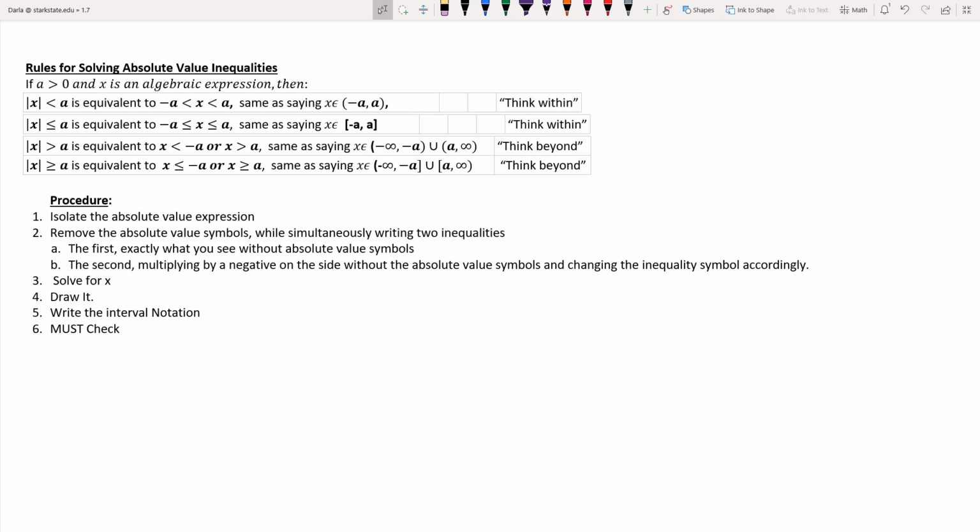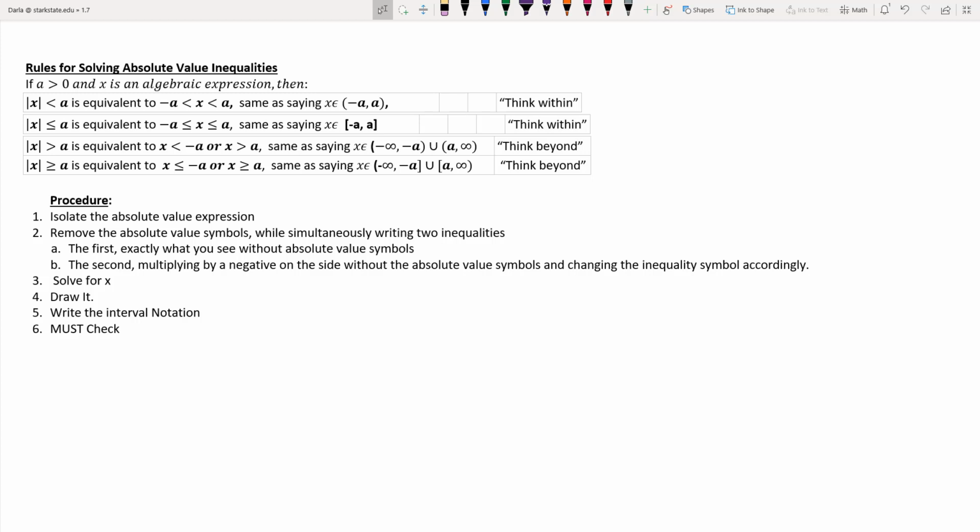Now let's go ahead and consider our four possibilities for absolute value inequalities. And so this is assuming that a is a positive value and x is an algebraic expression. Then if we had the absolute value of x and we had any of these four inequalities, then they are different in certain ways. So the first, the absolute value of x is less than a units. You're saying you're within a units, and so that means your x is within the interval negative a to a.